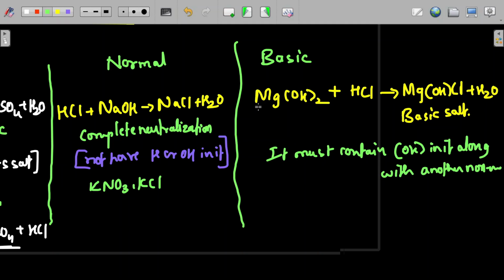If it is simply OH, then it should be a base, right? Or Ca(OH)SO4, or the NO3 version. Like this, OH is there, along with that some other anion is there. Then it is a basic salt.